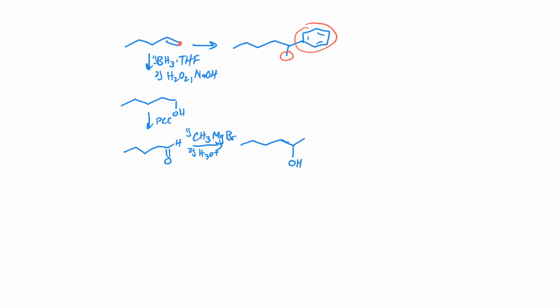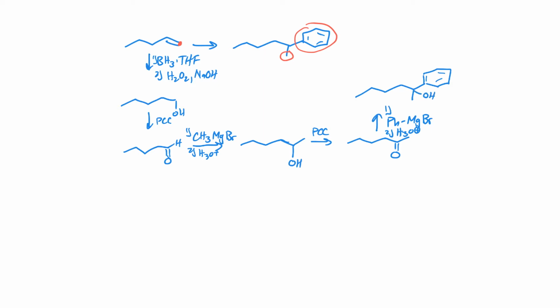And if I want to add phenyl to this, I need to reoxidize it and add a phenyl Grignard to this molecule. And work it up with acid. I get this tertiary alcohol.